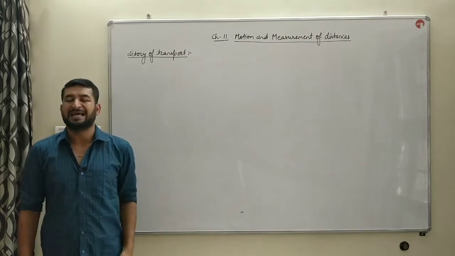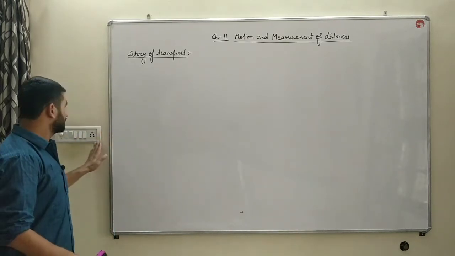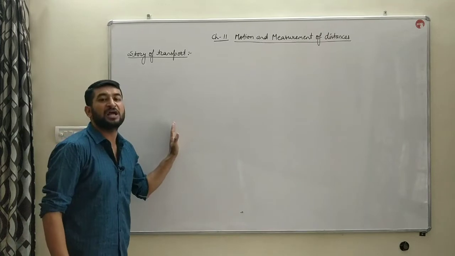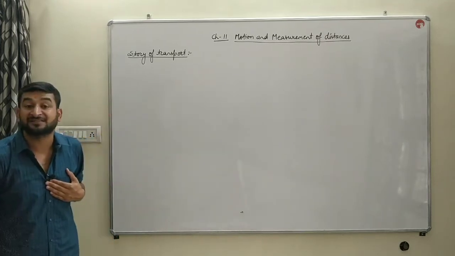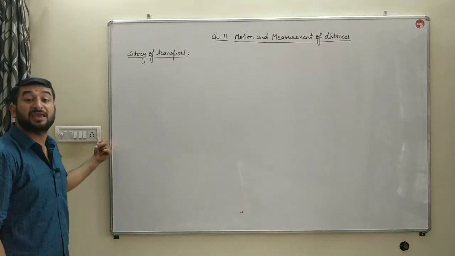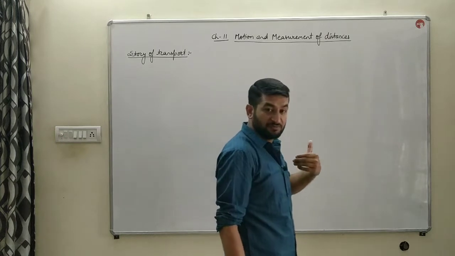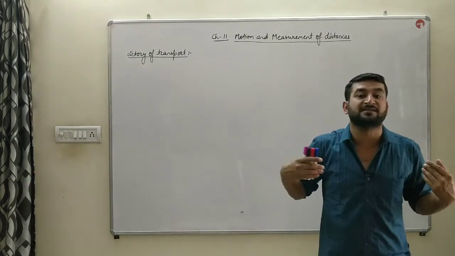For example, I am standing right here, बच्चे मैं यहाँ खड़ा हूँ. With respect to this switchboard, with respect to this whiteboard, I am not changing my distance. The distance between me and this remains the same, but as I start walking, now the distance between me and that switchboard increases.